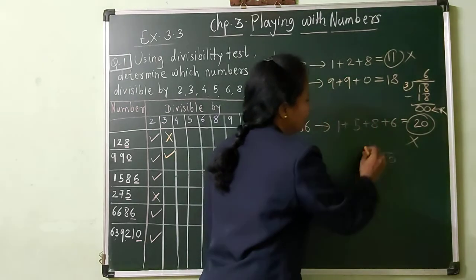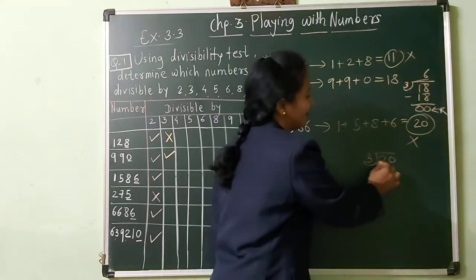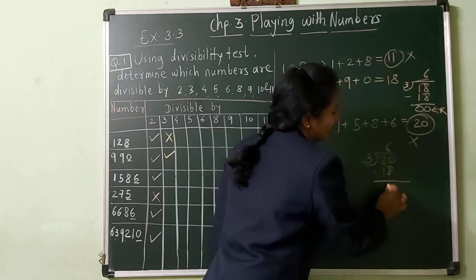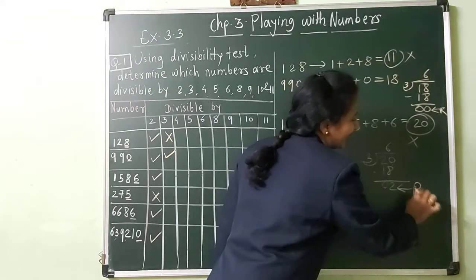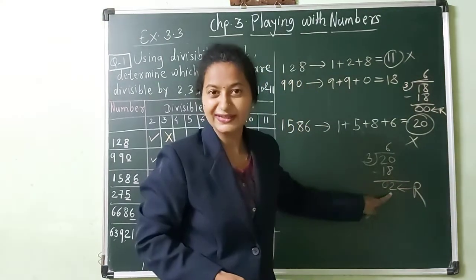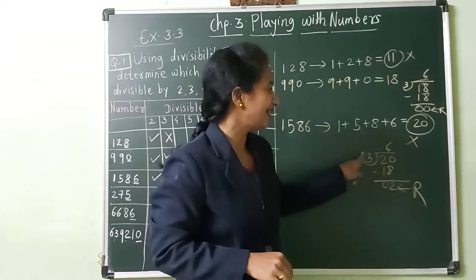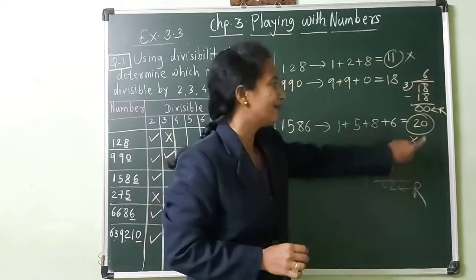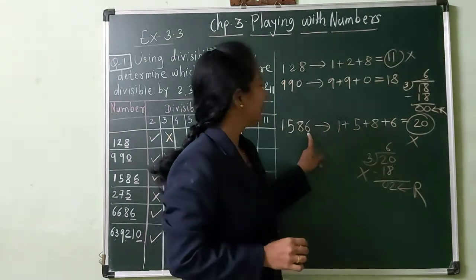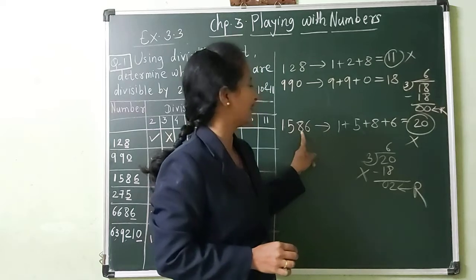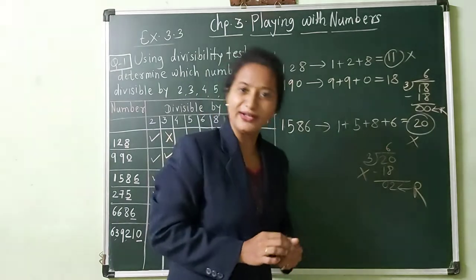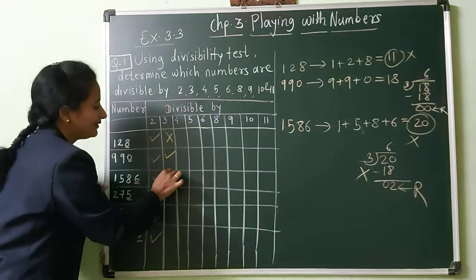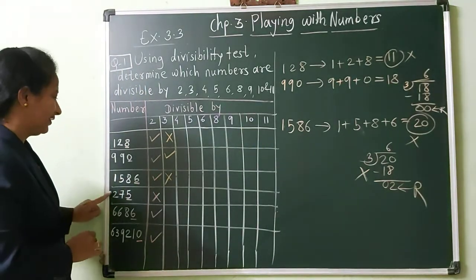If you want to check 20, divide by 3: 3 sixes are 18, 20 minus 18, you get remainder 2. That means 20 is not exactly divisible by 3. That means the sum of all digits present in 1586 is not divisible by 3. That's why this number is not divisible by 3. Is it clear to everyone? Now the next number.